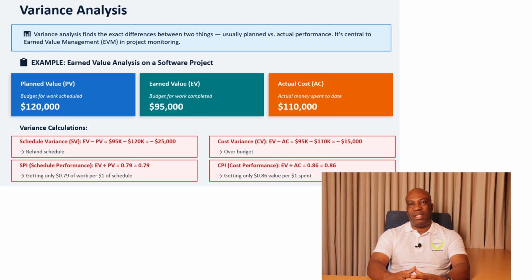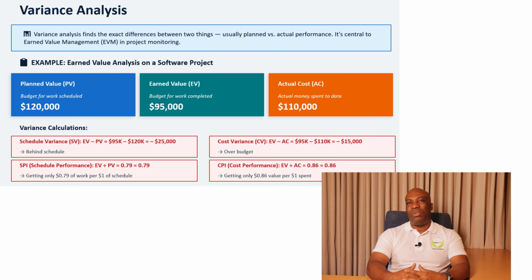I'm going to start with schedule variance. If you want to find the schedule variance, you subtract the planned value, the monetary value, from the earned value. And if you want to see how you are doing in terms of schedule, whether you are behind schedule or ahead of schedule by 10% or so, you also look at what is called the schedule performance index, which is the earned value divided by the planned value.